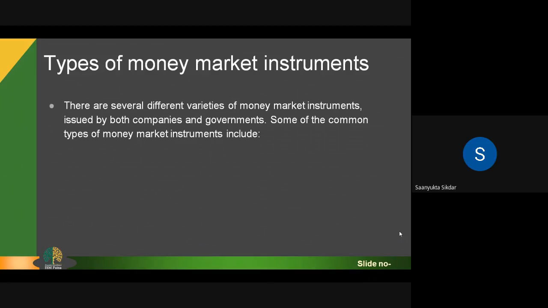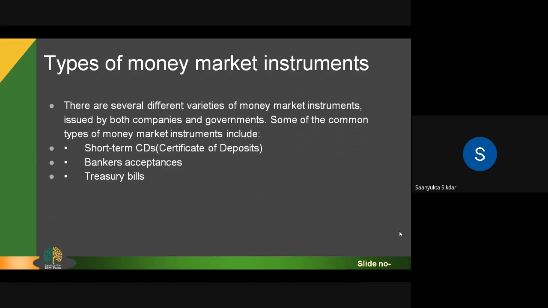There are several different varieties of money market instruments issued by both companies and governments. Some of the common types of money market instruments include short-term CDs, like CDs for certificate of deposits, bankers acceptance, treasury bills, commercial paper, municipal notes, repurchase agreements or repos as well.